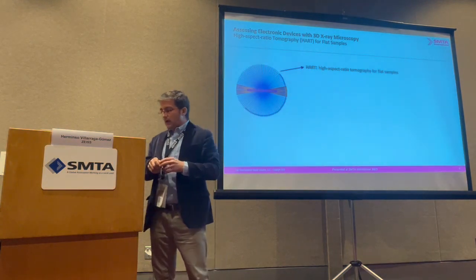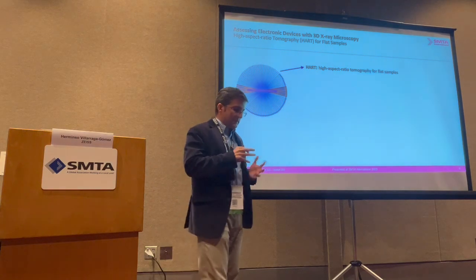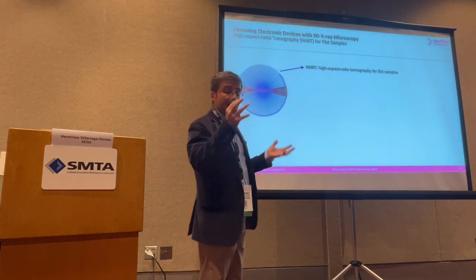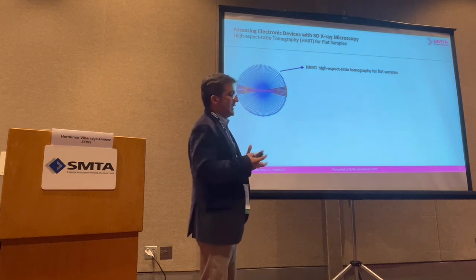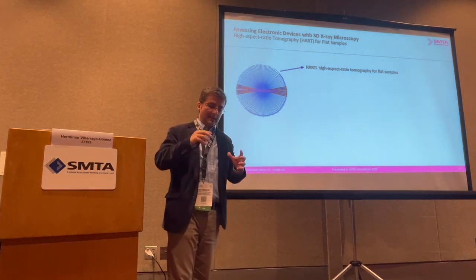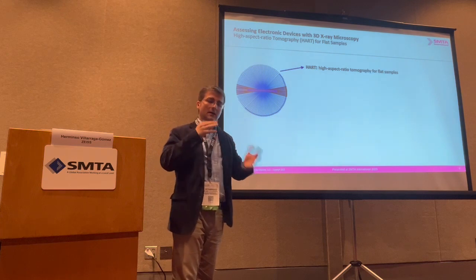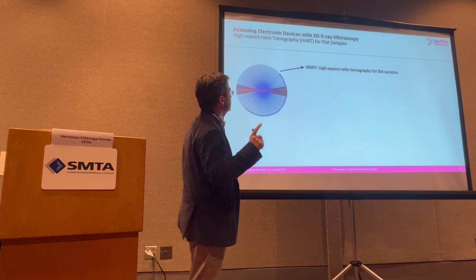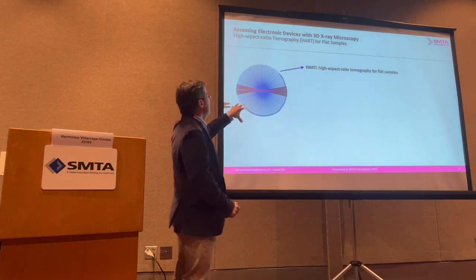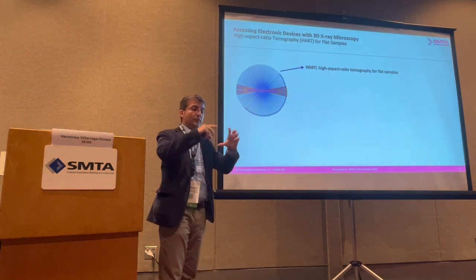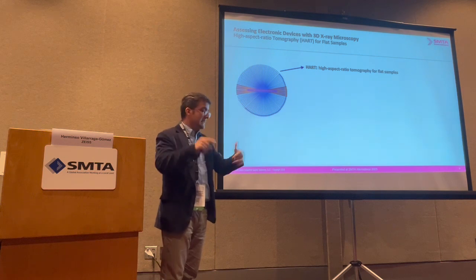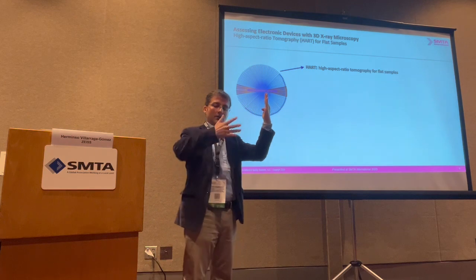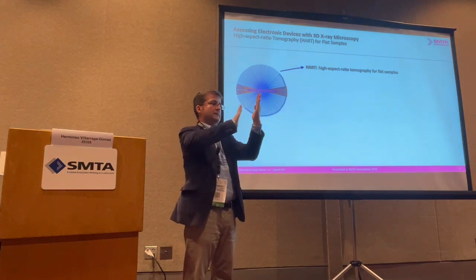I'm going to talk about different approaches to improve 3D X-ray imaging in flat samples. And in the second section of this talk, I'm going to talk about some advanced reconstruction algorithms using artificial intelligence. But for now, let me illustrate some of the challenges when you have a flat panel, a flat sample. There is a challenge when you try to penetrate the sample with an even radiation because it's flat.